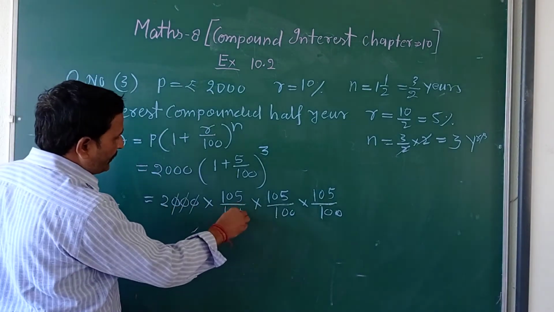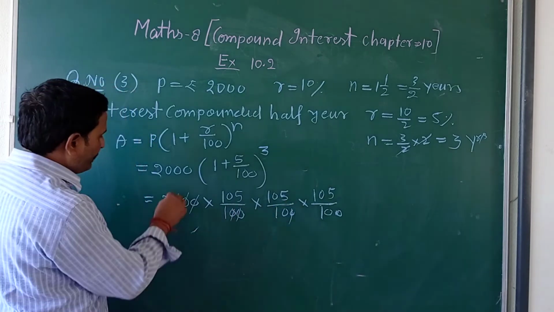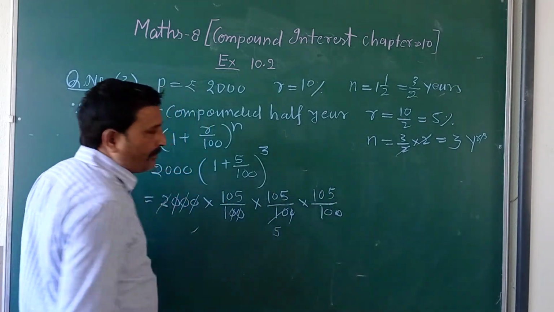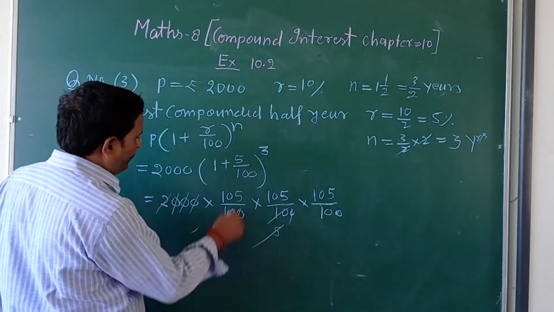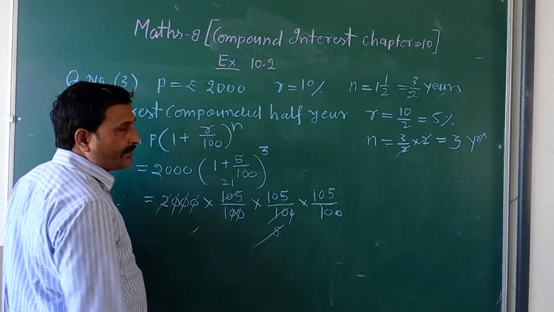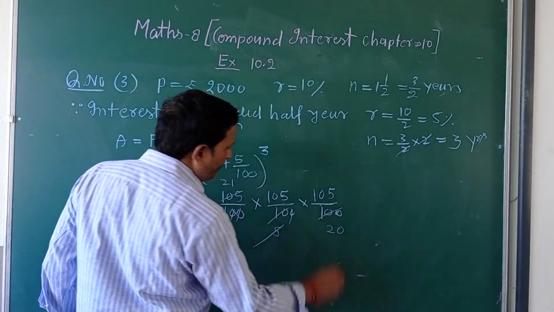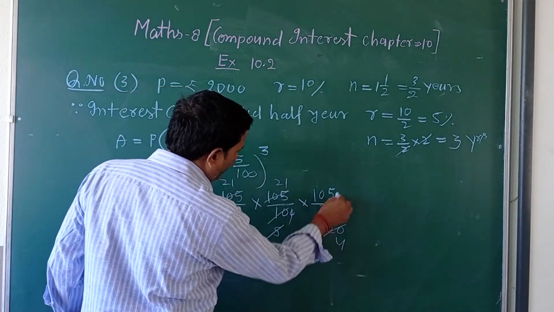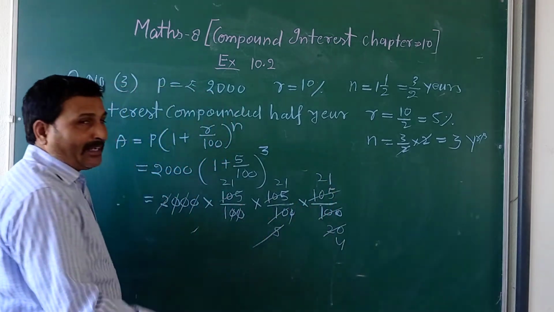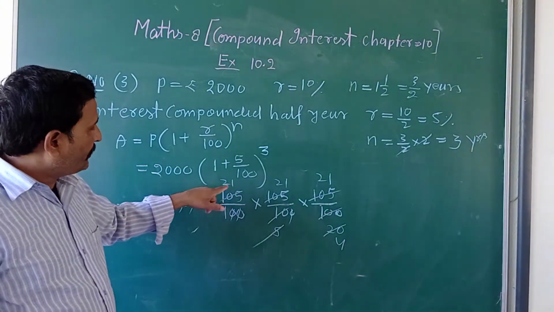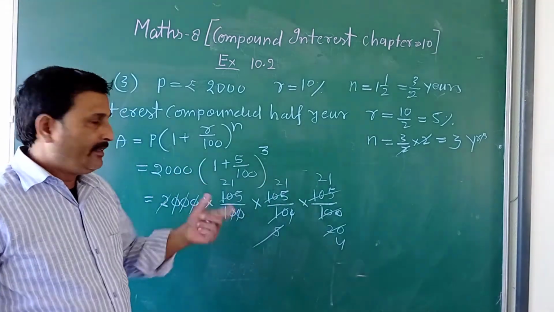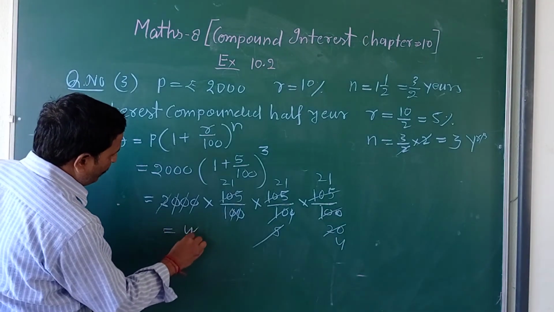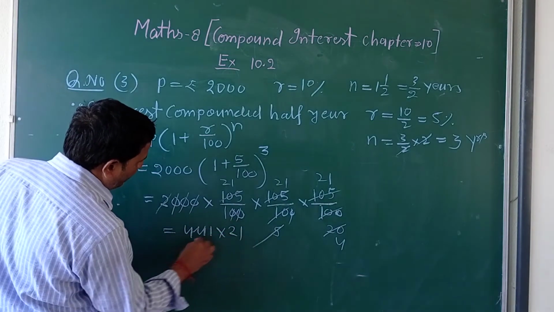See, all the numbers are divisible by 5: 105 upon 100 becomes 21 upon 20. You know the square of 21, 21 into 21, is 441, so we have 441 into 21 upon 4.